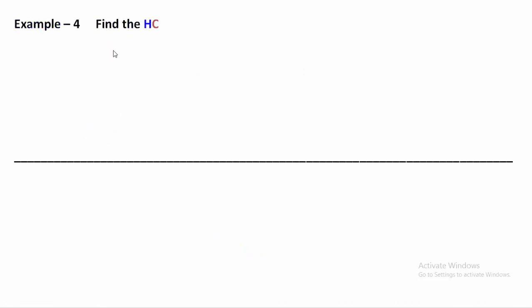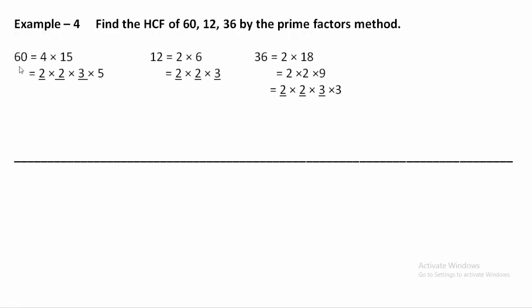Now see another example. Find the HCF of 60, 12, 36. Factors of 60 is equal to 2 into 2 into 3 into 5. Factors of 12, 2 into 2 into 3. Factors of 36, 2 into 2 into 3 into 3.